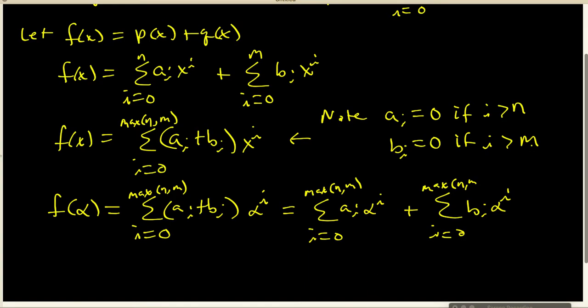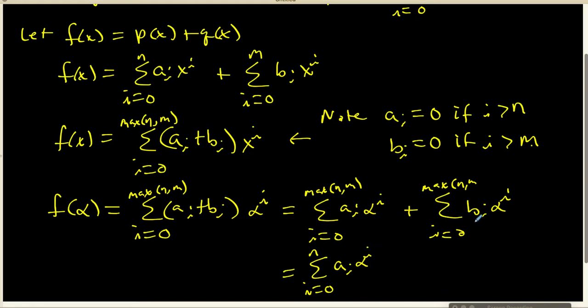But because we have these two facts here, once we get bigger than the degree of p, all of these a's are just going to be 0. So this is really nothing more than the sum as i goes from 0 to n of ai times alpha to the i. And the same thing happens over here.